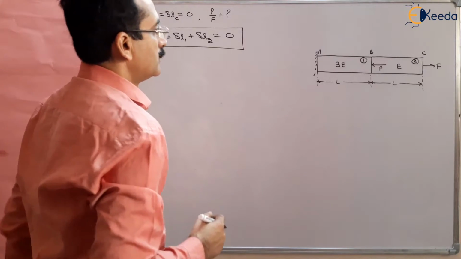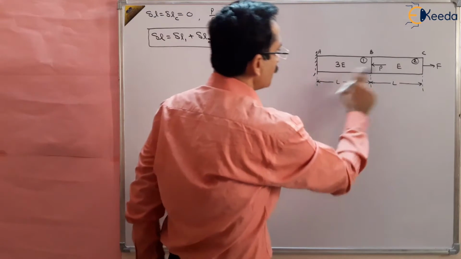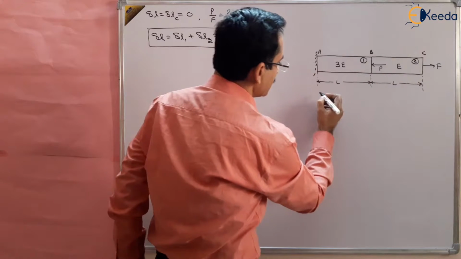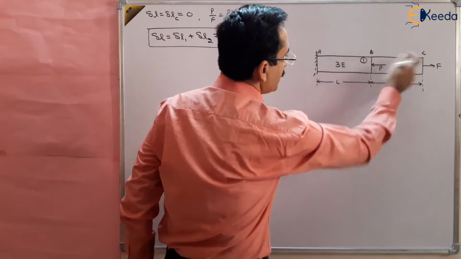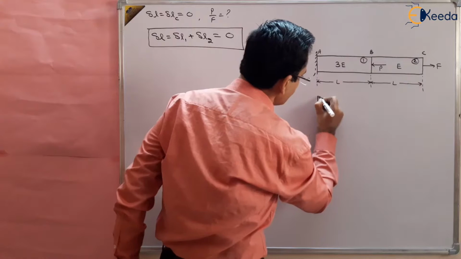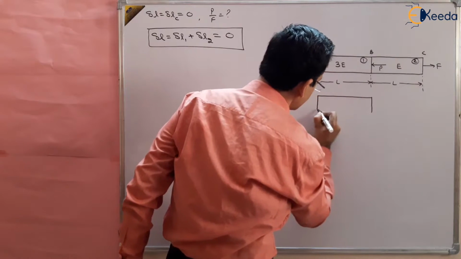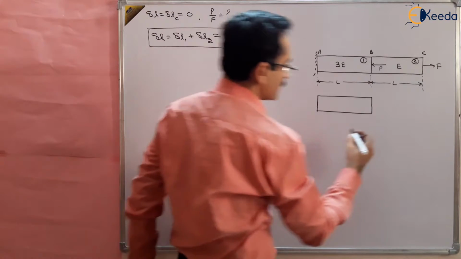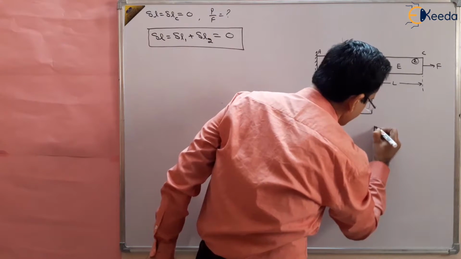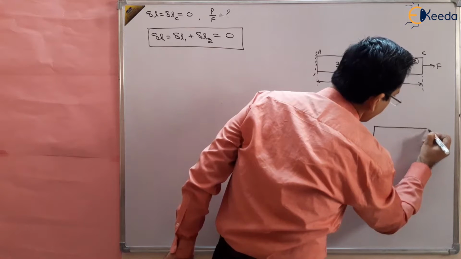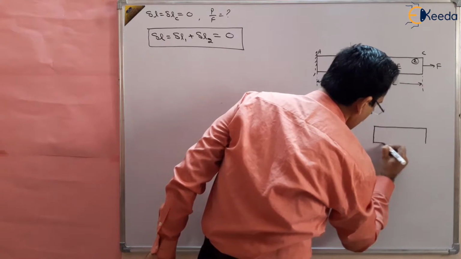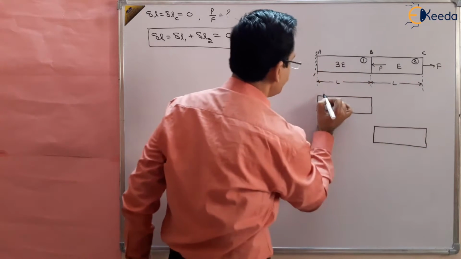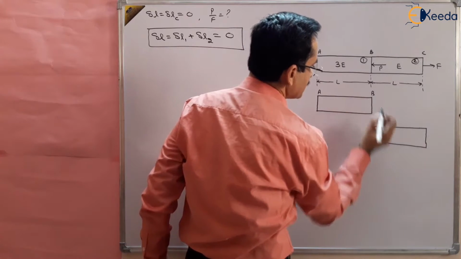Now, what is the load acting on the entire bar in the AB part and the BC part? We can divide this into two parts using the principle of superposition. We can find out later the P by F ratio. So this is divided into two parts, one is AB, another is BC.